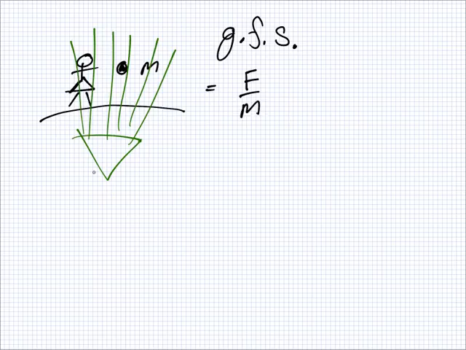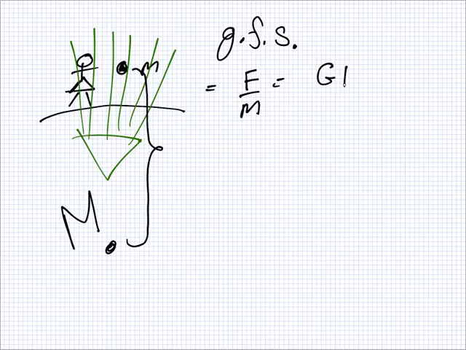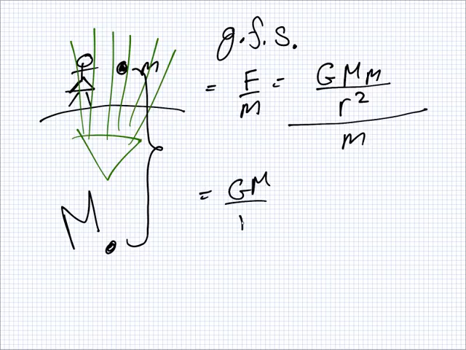This is the M here. But from Newton's law, the F is G, let's call the Earth big M, G M over R squared, divided by the small M here. So that will be G M over R squared.